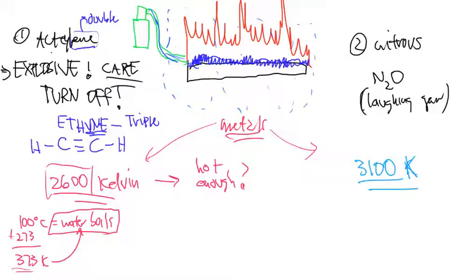So we're looking at a 500 Kelvin increase here. And sometimes stubborn metals require a hotter flame to do what they should do in an instrument. So that's why we have two burner heads. One burner head for the acetylene and one burner head for the nitrous.